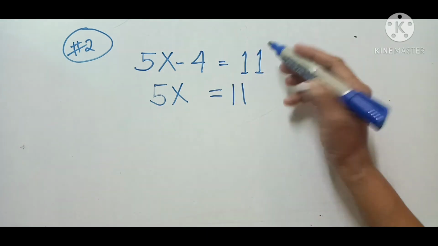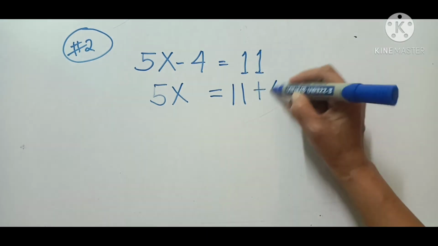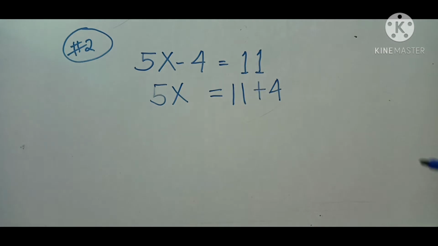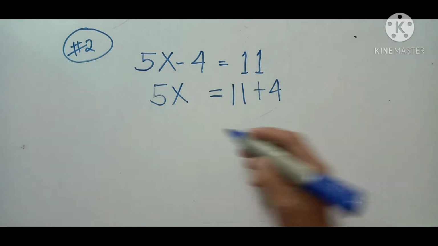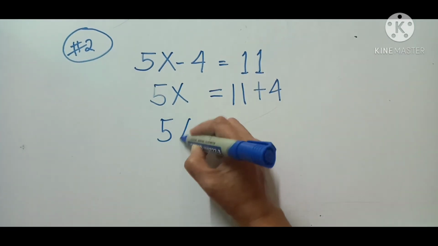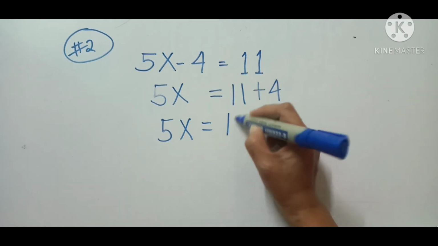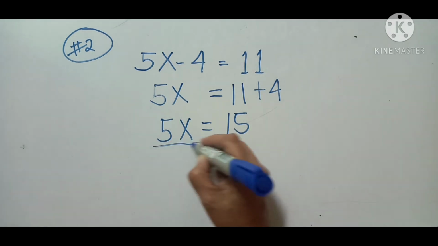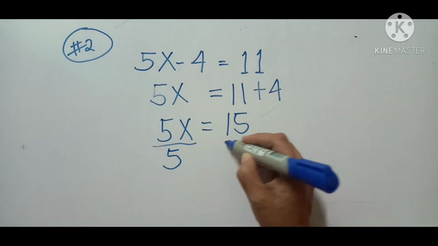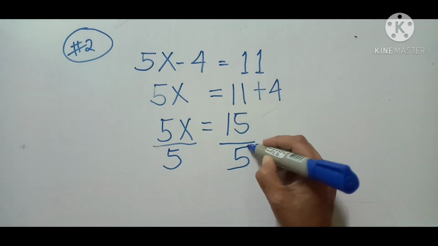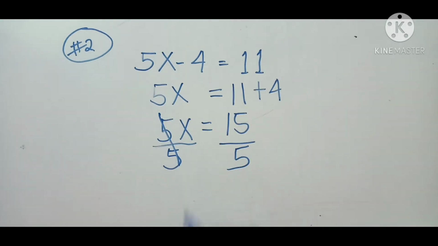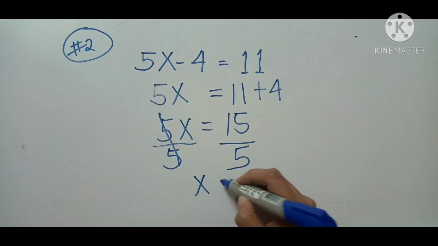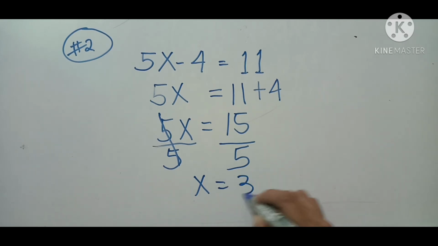The negative 4 becomes positive 4. And then copy 5x, then get the sum of 11 and 4, which is 15. Then divide both sides, left and right, by 5 in order to get the value of x. Now, 15 divided by 5 is 3. That is now the value of x.